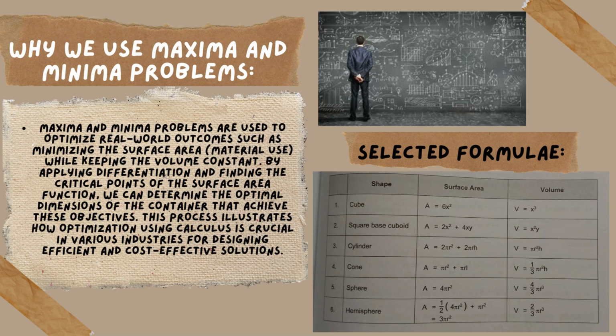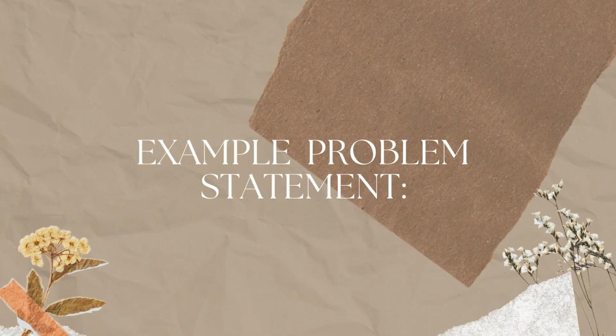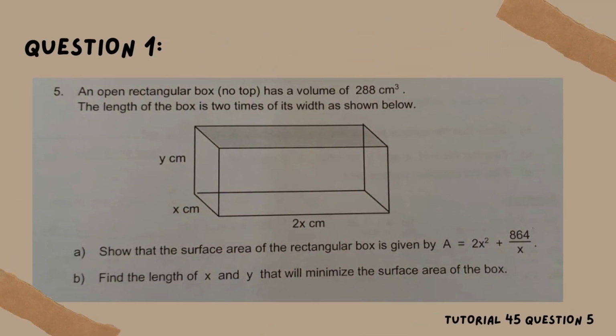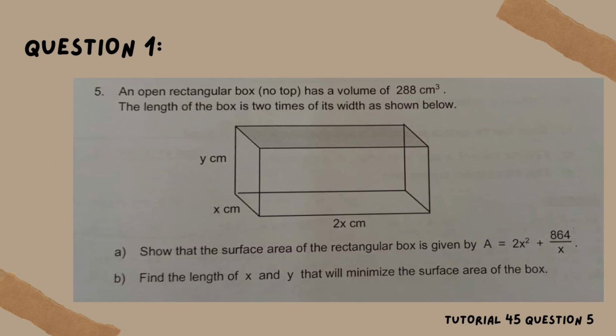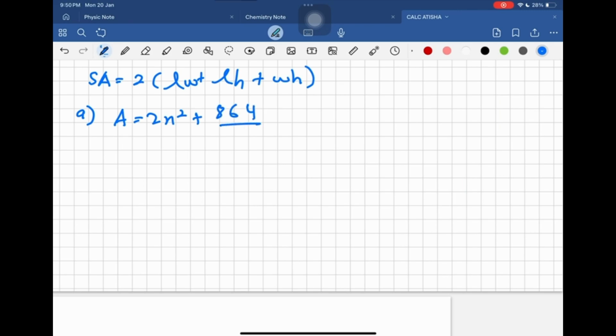So here are examples of selecting a formula to find surface area. For my first question, I need to show that the surface area of the rectangular box is given, which is A equals 2x squared plus 864 over x.